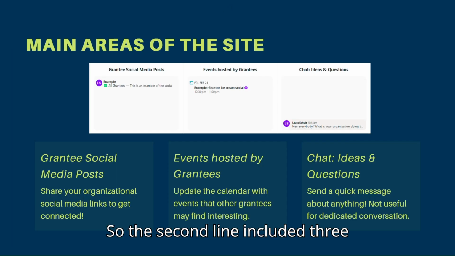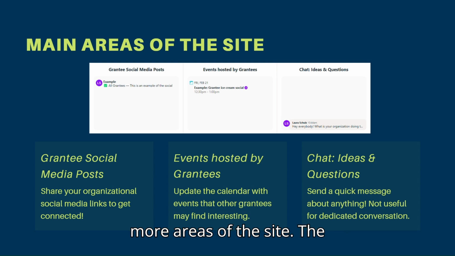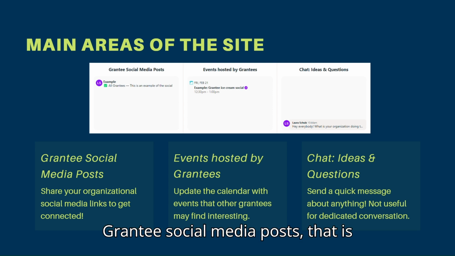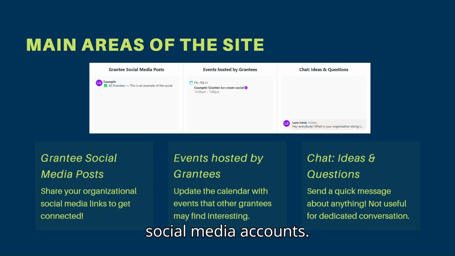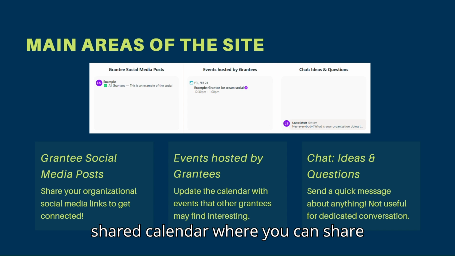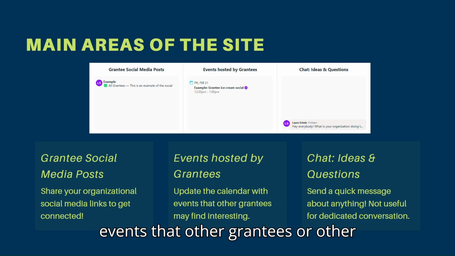So the second line included 3 more areas of the site. The grantee social media post, that is a discussion board where you can share the links to your organizational social media accounts. There's an events hosted by grantees section, and that is a shared calendar where you can share events that other grantees or other grantee participants might find interesting.